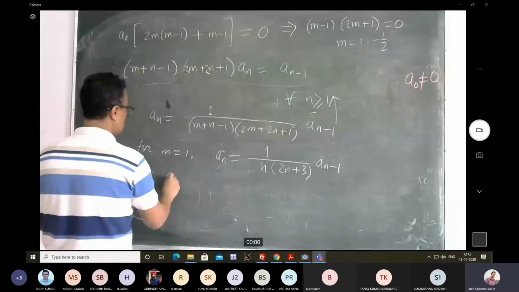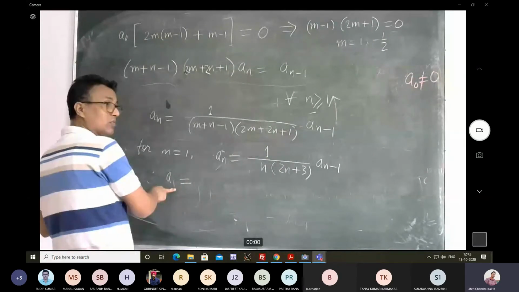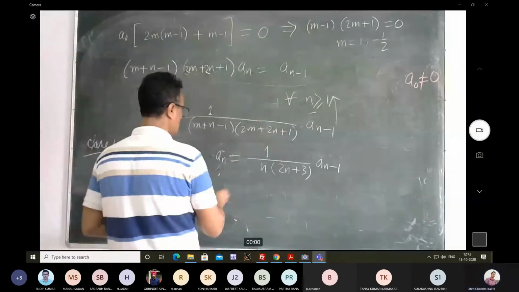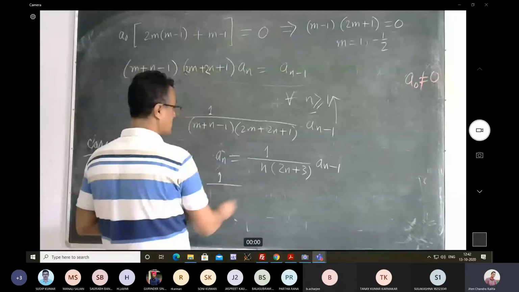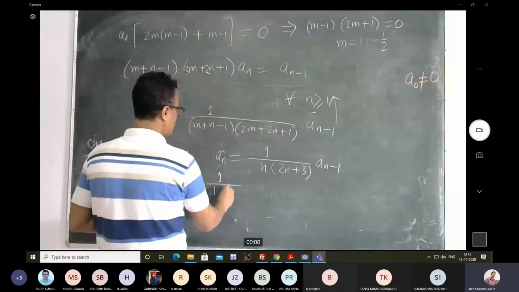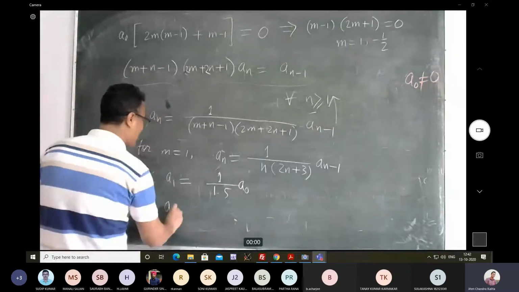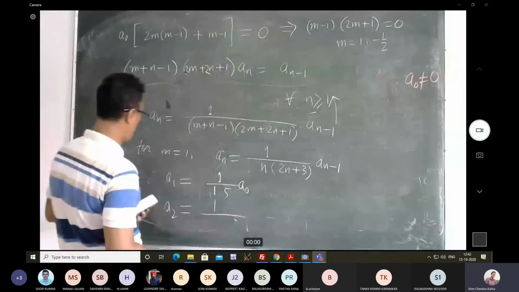Therefore, a1, because I have to start with 1 now, because n starts from 1, is going to be equal to 1 by 1 into 5, a naught. Then I'm just going to find out a couple of terms, not more.